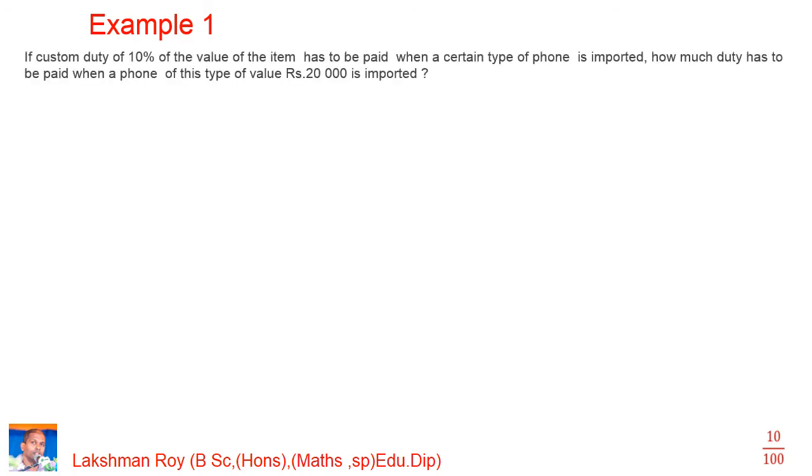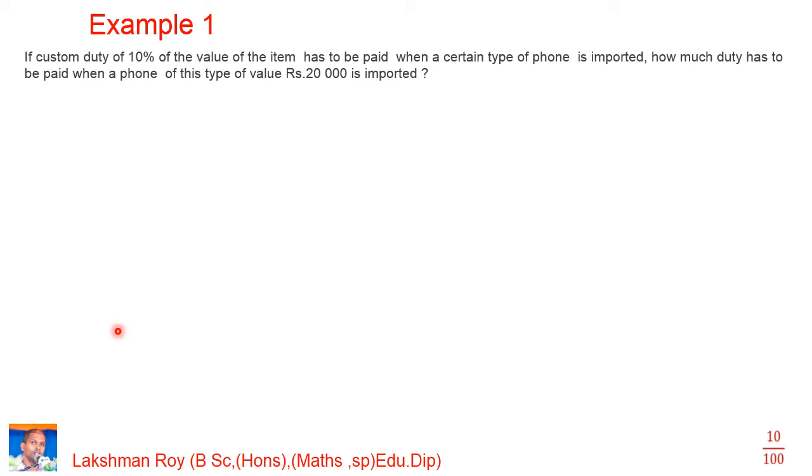Right, now students, shall we discuss custom duty using an example. Now you can see my example 1. A custom duty of 10% of the value of the item has to be paid when a certain type of phone is imported.